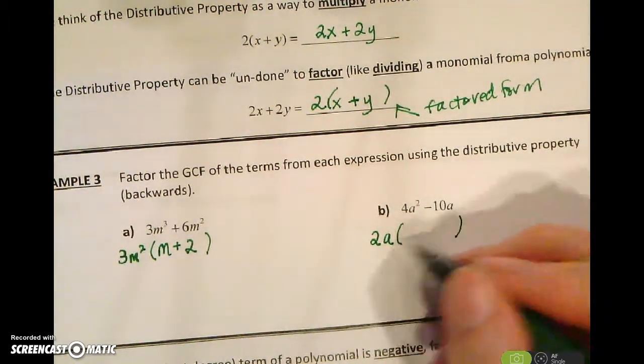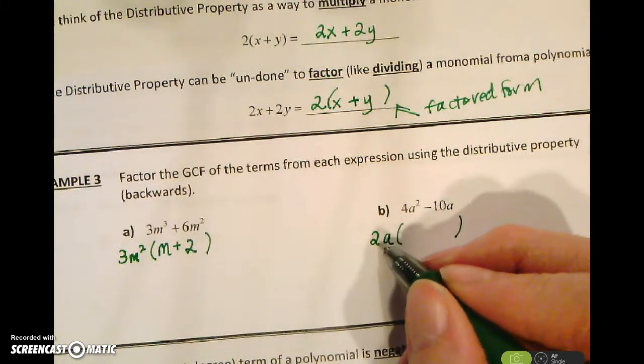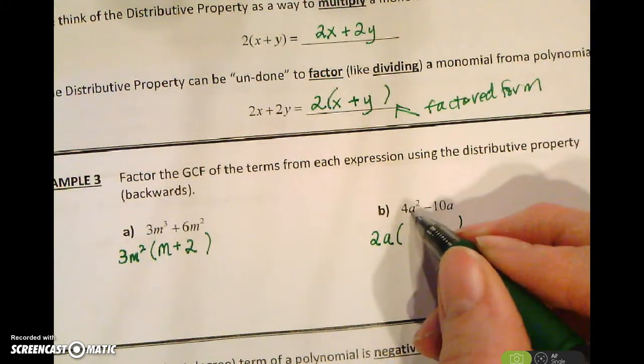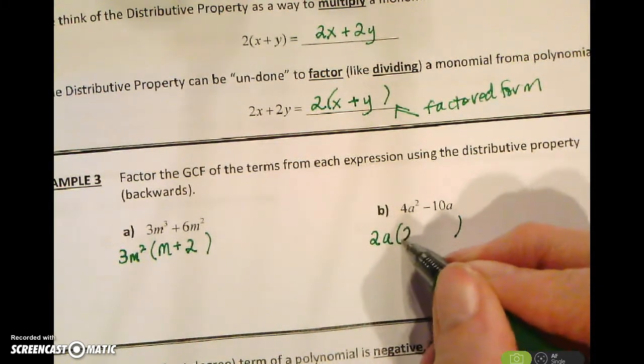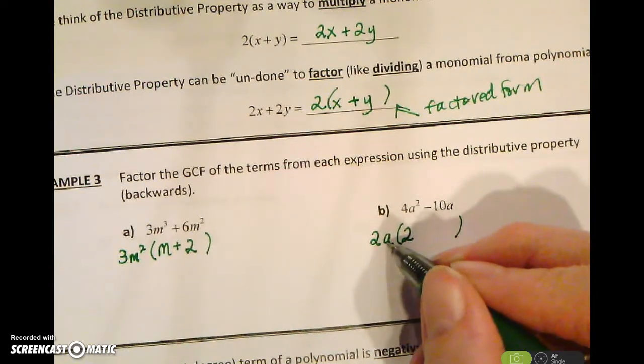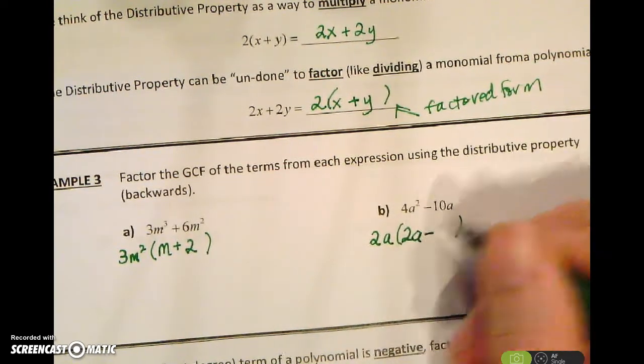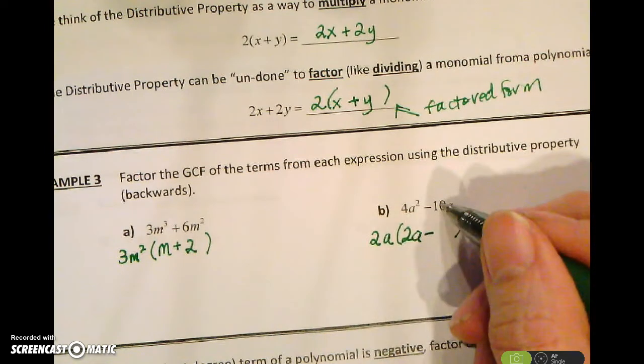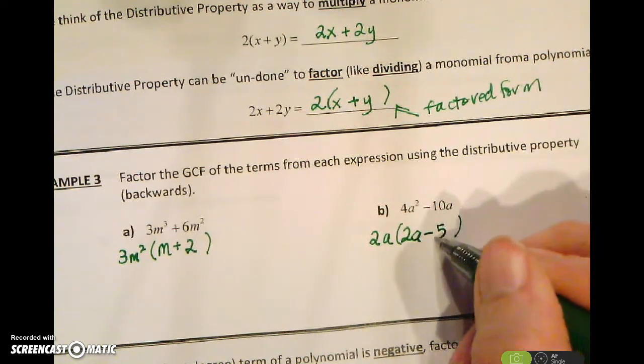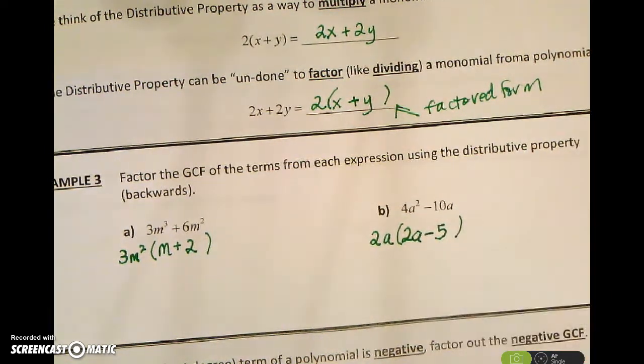So I'm going to write that, put my open parentheses, and ask myself, 2a times what is going to give me 4a squared? Well, what am I missing? I'm missing a 2. 2 times 2 is 4. And I need one more a to give me a squared. Minus 2 times what is 10? Well, what I'm missing is a 5, and I don't need any more a's.